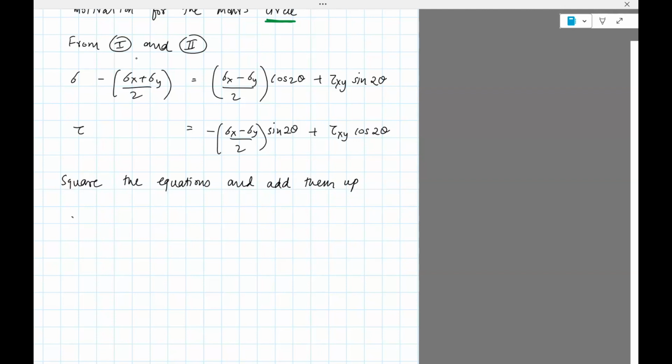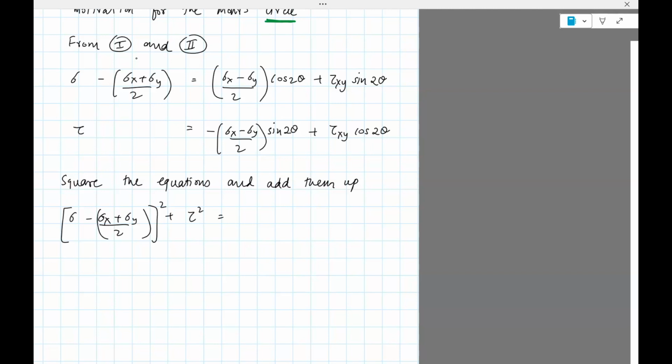Okay, so if you square the left-hand side, you get (sigma x plus sigma y divided by 2) squared plus tau squared. So everything on the left-hand side has been squared and summed. On the right side, if you square it and then sum it up, you will find that you end up with cosine squared and sine squared terms, which all sum up to 1.